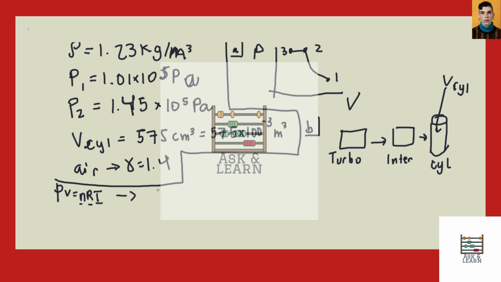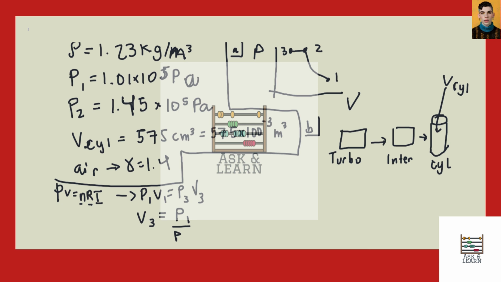So then you can get what's going on with the volume. And so you can say that P1 V1 equals P3 V3 because they're both equal to nRT, and that stays the same. So what you can do is get the volume at 3, and that's just P1 over P3.